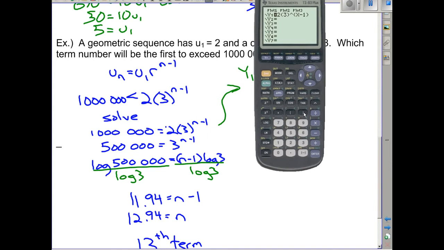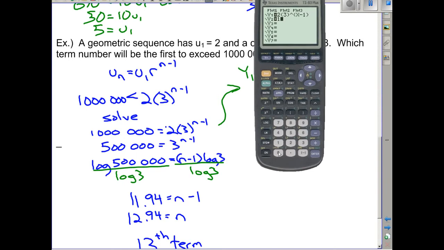Okay. I could graph that. I know I want to see all the way up to what happens with a y value of 1,000,000, so I need to go up to at least 1,000,000. Maybe I'll go up a little higher. There we go. So somewhere around there, I can figure out where it's going to be 1,000,000.